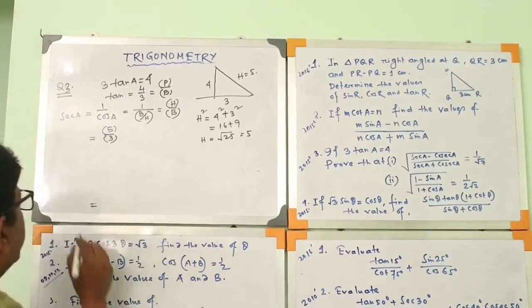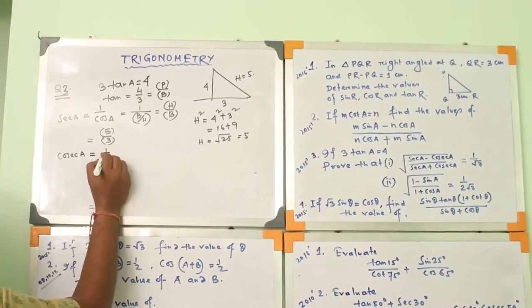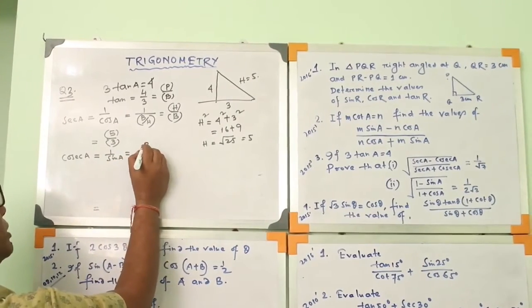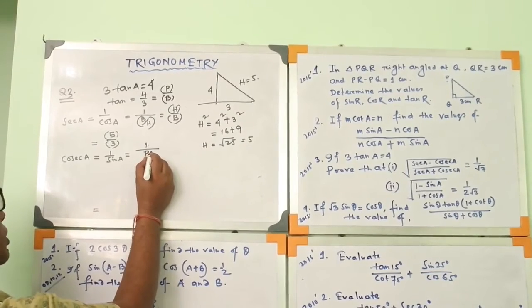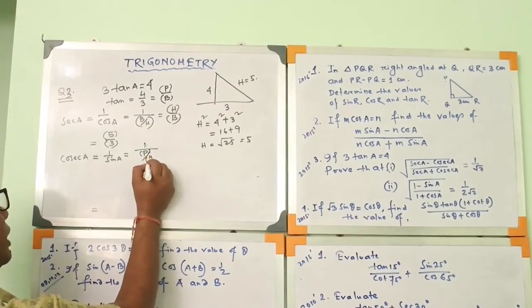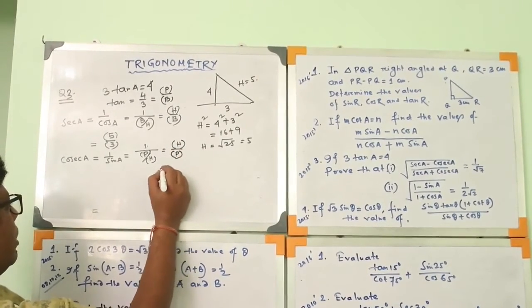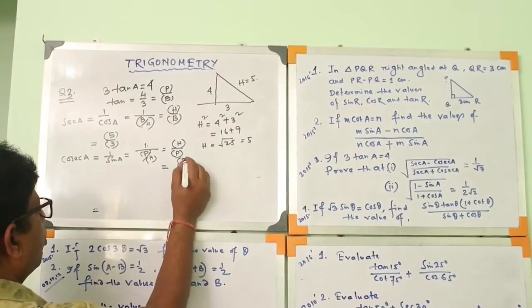What will be the value of cosec A? Cosec A means 1 by sin A. That means 1 by perpendicular by hypotenuse, that means hypotenuse by perpendicular. Hypotenuse is 5 and perpendicular is 4.